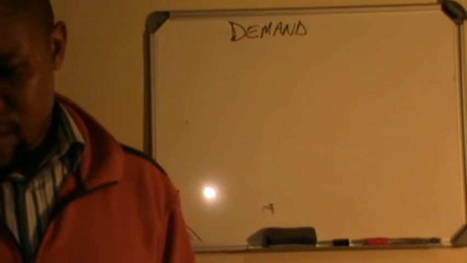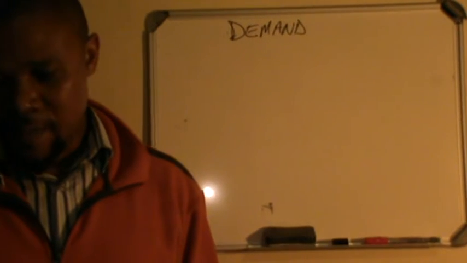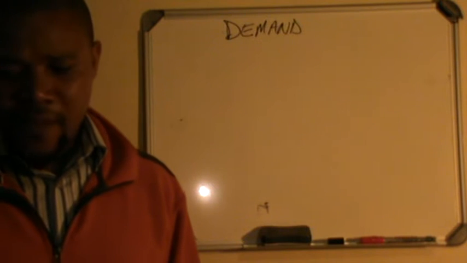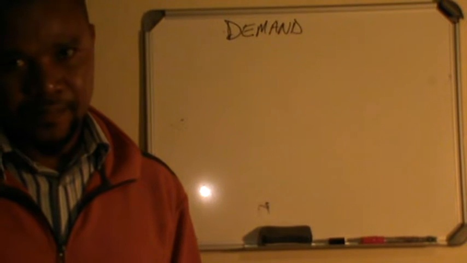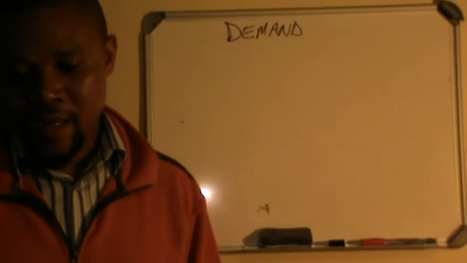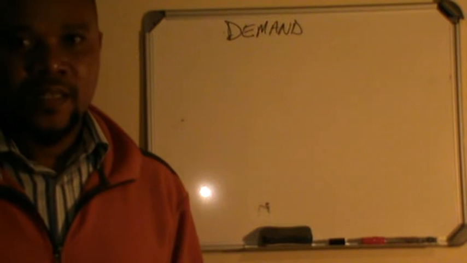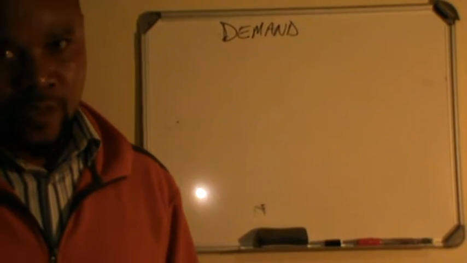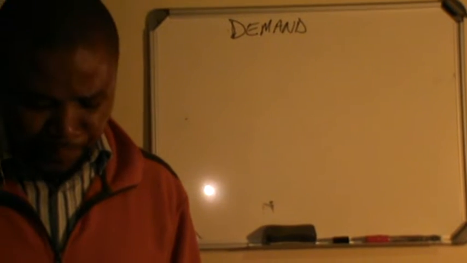A household's decision about what quantity of a particular product to demand depends on a number of factors. The first of those is the price of that product. That's the first factor that modifies the behavior of consumers in terms of their demand for a particular product.